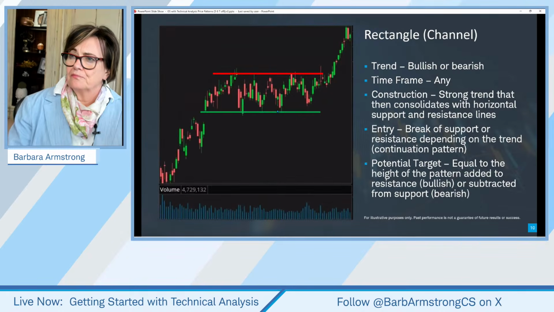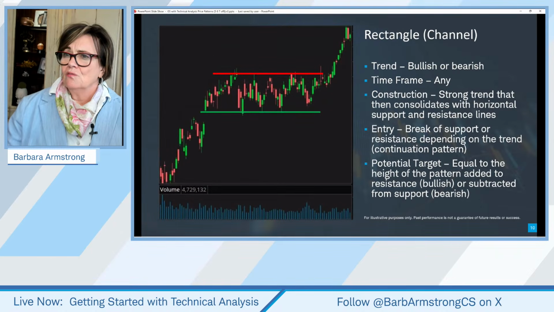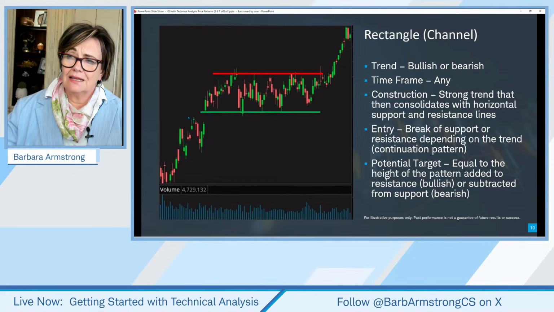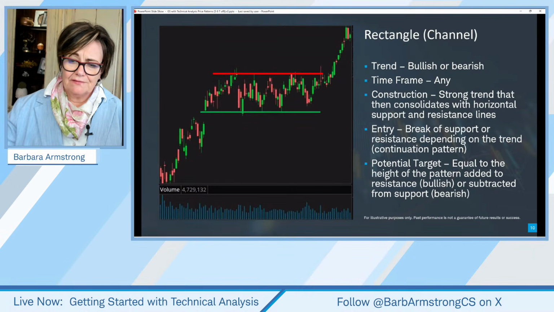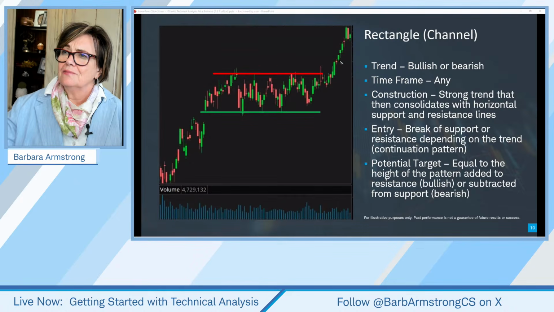Now, what about a channel? Like I said, we saw this on NVIDIA where it went from September to April, and it had been uptrending, and we saw this channel. In the case of NVIDIA, it's now breaking out, and we'll look at this on the chart, but it hasn't gone screaming.